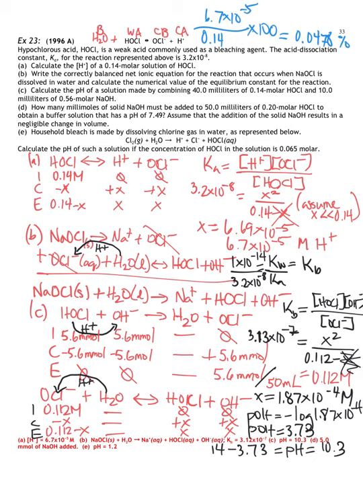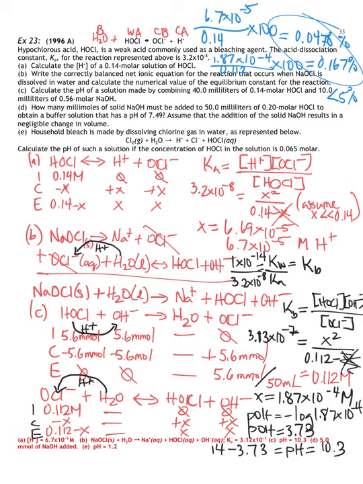When I do that, I take 1.87 times 10 to the negative fourth, and I divide it by my original concentration, which is 0.112, times it by 100. My answer is 0.167%, which both of these are less than 5%, and that means they're valid assumptions as far as the approximation method is concerned.